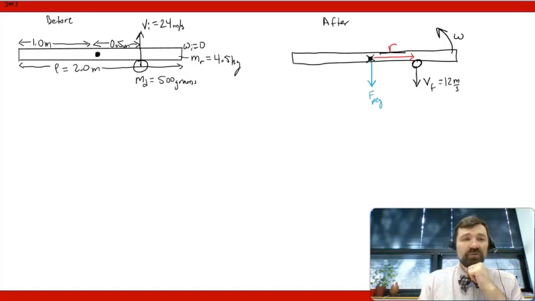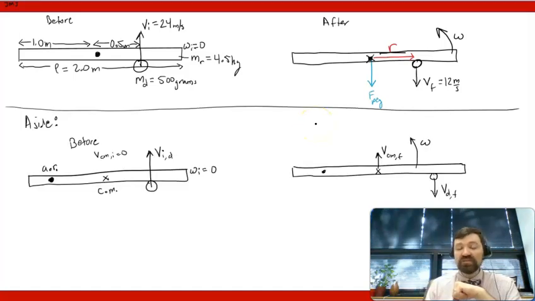I want to draw a quick pair of counter diagrams, before and after, for what would need to happen for linear momentum to be conserved. But this is kind of an aside for the purpose of actually solving this question.